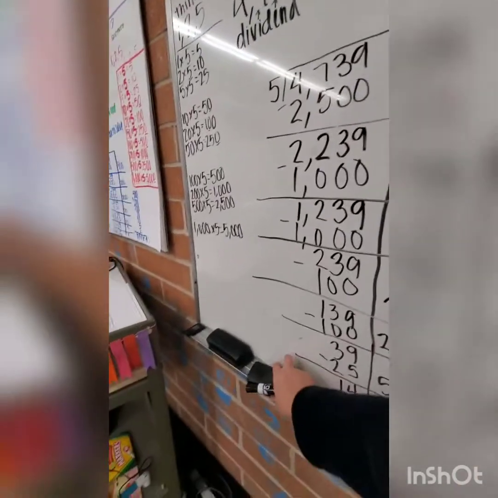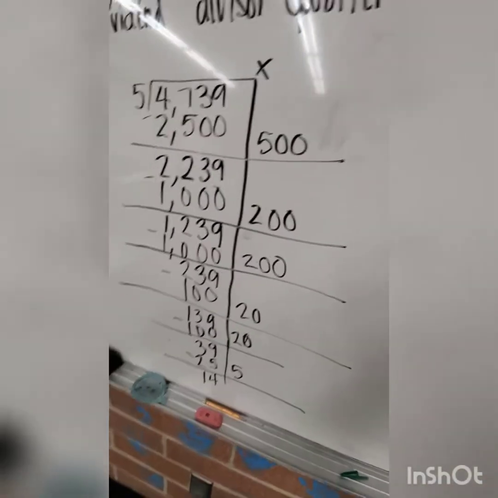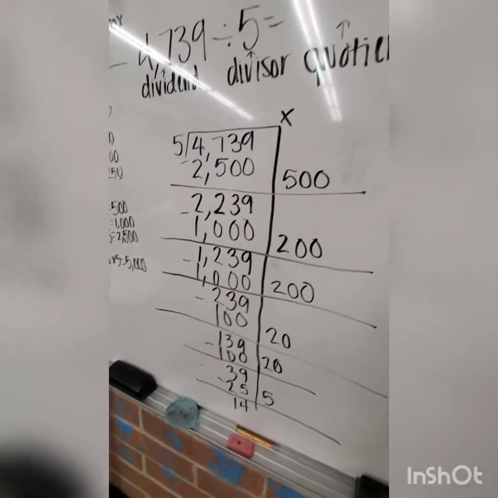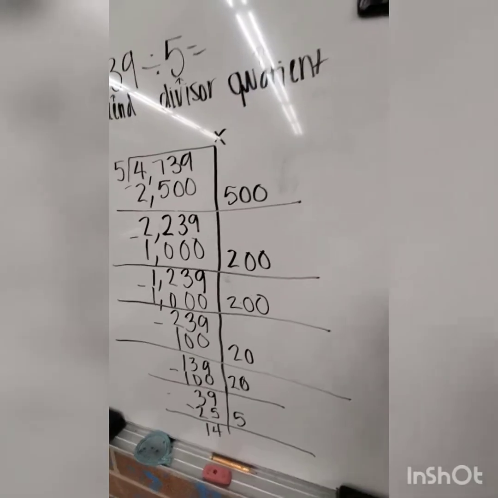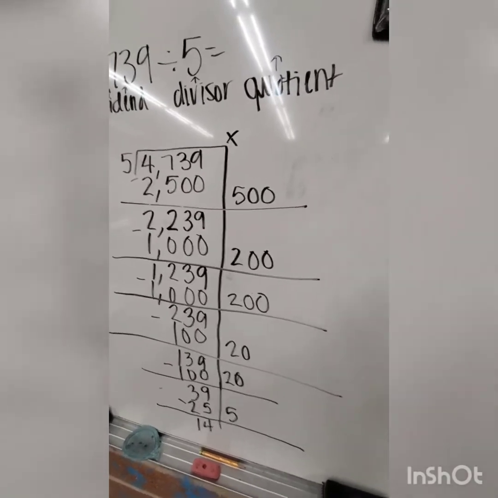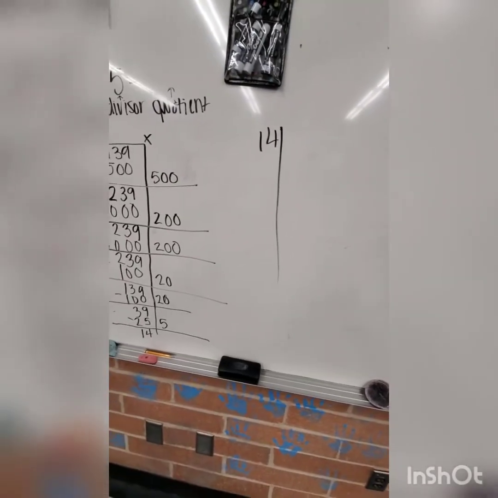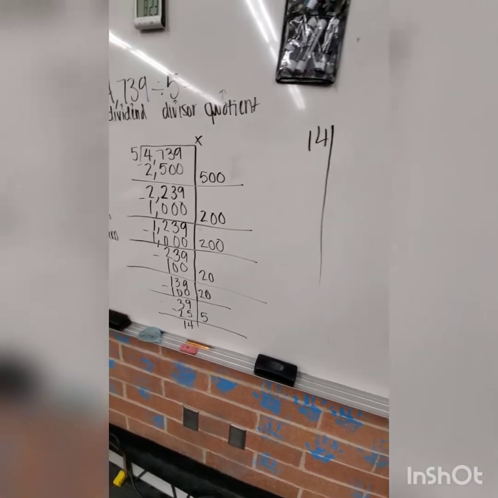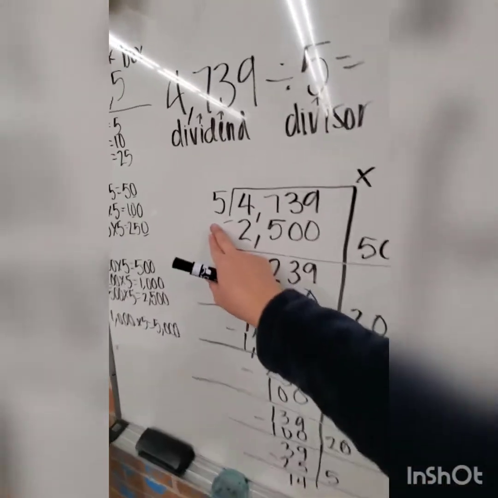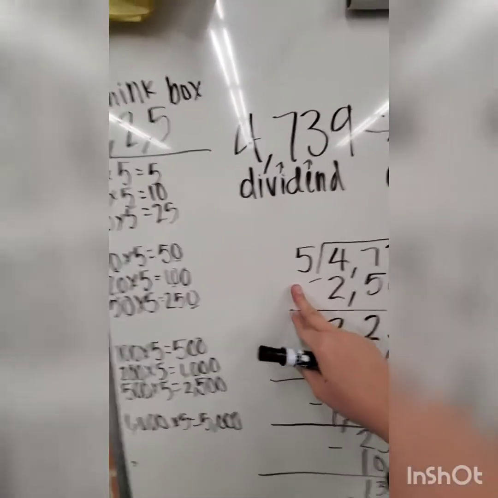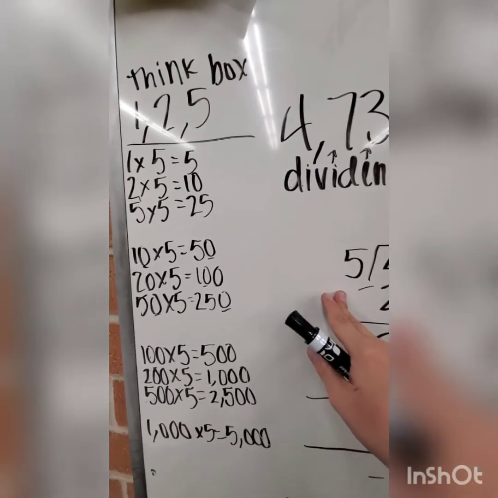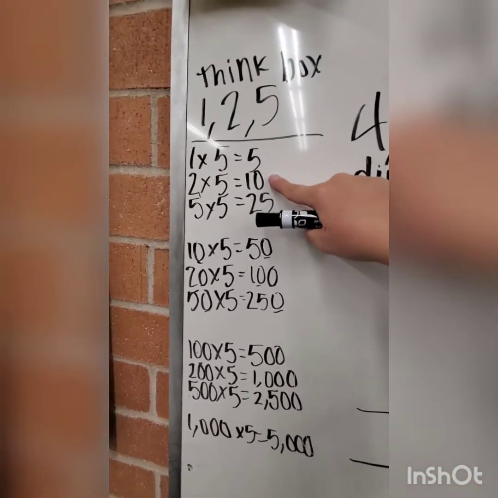Oh, sorry, you know what? Let me erase that. Let's just start over here. So we had 14 left over, and we can keep going because we can still divide by 5. If you look over here, the next product that is close but doesn't go over 14 is 10.